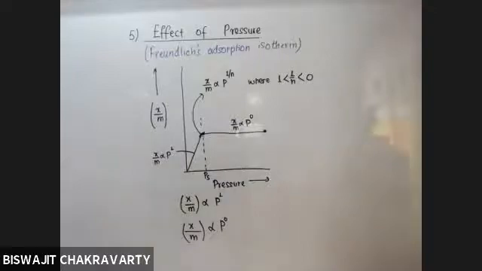And why is it called isotherm? Obviously, because as we are studying the effect of pressure, we have to keep the temperature constant. Any point not understood, please tell me.